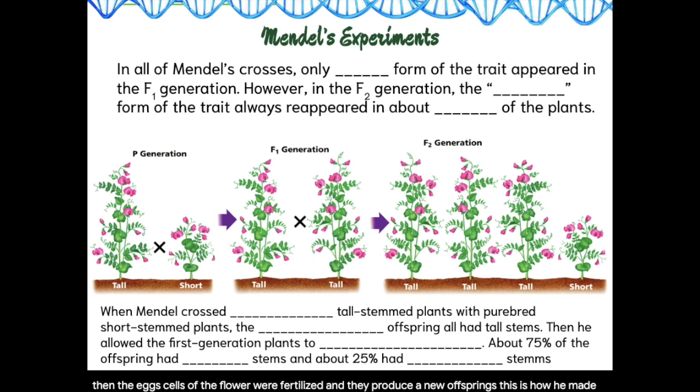In all of Mendel's crosses, only one form of the trait appeared in the F1 generation. However, in the F2 generation, the lost form of the trait always reappeared in about 1/4 of the plants.